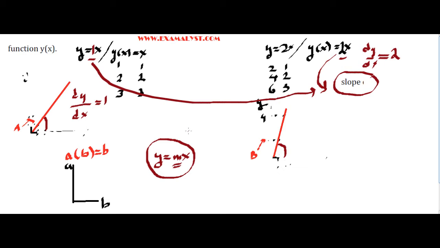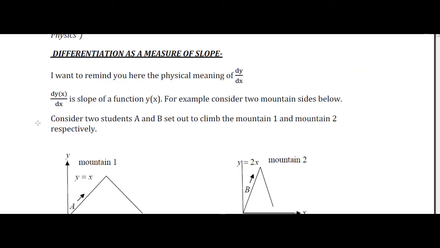Let me mention a very important point here. Whenever I'm defining slope, I'm always considering a straight line equation. Till now I have considered straight line equations. I have not considered complicated equations that contain x square or 2x square. I have considered linear equations like y equals x and y equals 2x. So I hope you understood what slope is.